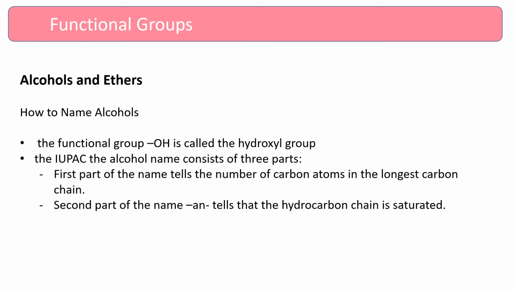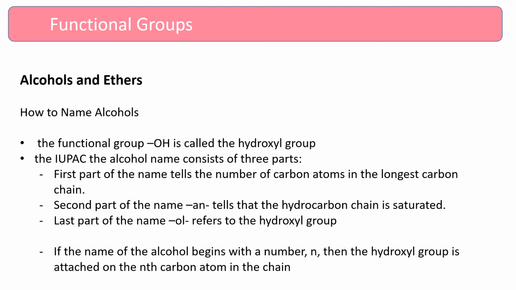The second part, AN, tells that the hydrocarbon chain is saturated. The last part of the name, OL, refers to the hydroxyl group. If the name of the alcohol begins with a number N, then the hydroxyl group is attached on the nth carbon atom in the chain.